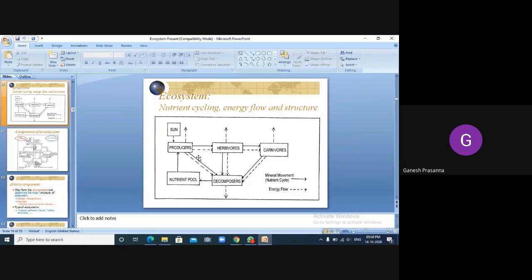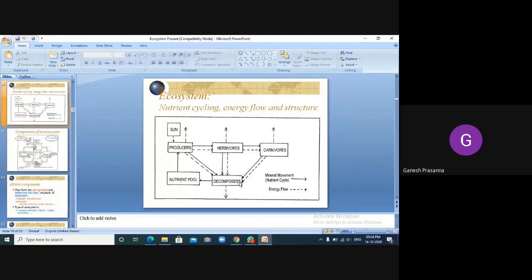Whereas what happens to the energy is, see, energy from the producers is given to the herbivores, and from the herbivores also some amount of energy is being liberated into the atmosphere. Even the producers also liberate some amount of energy. Okay, there is some transpiration going on, the herbivores sweat and other things happen. Even the carnivores also emit energy into the atmosphere.